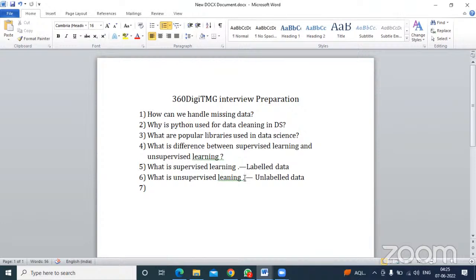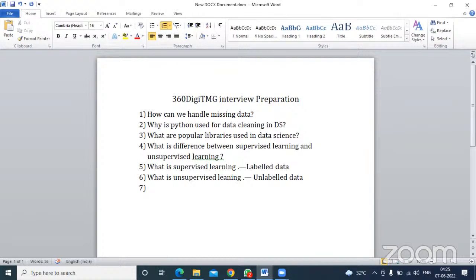There should be a relationship between the features, because the algorithm trains the model just on the relationship between the columns, the features. If unsupervised learning has no label on the dataset and the model learns on its own, what is going to guide that model?